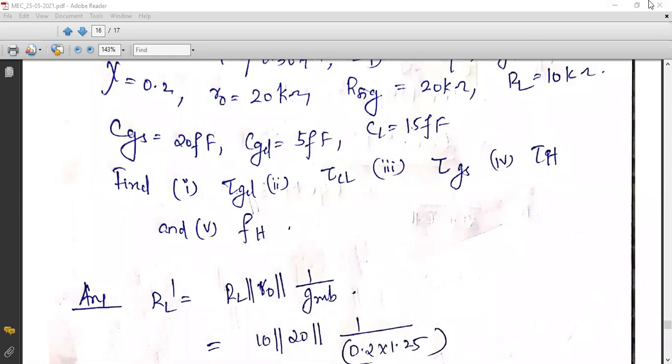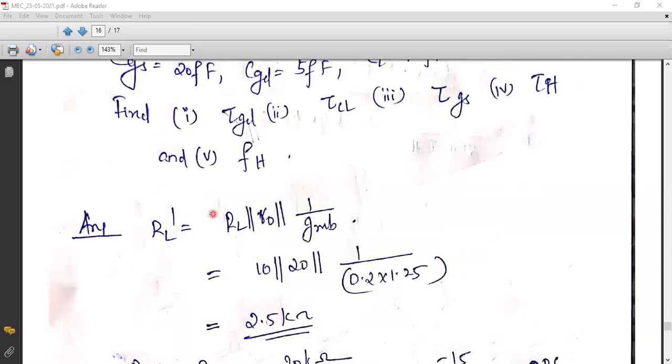Okay, so 20 by 3 parallel 4. 20 by 3 is 6.66. So 6.66 parallel 4. So 6.66 into 4 divided by 6.66 plus 4. So it will come around 2.5. So RL dash is 2.5 kilo ohm.